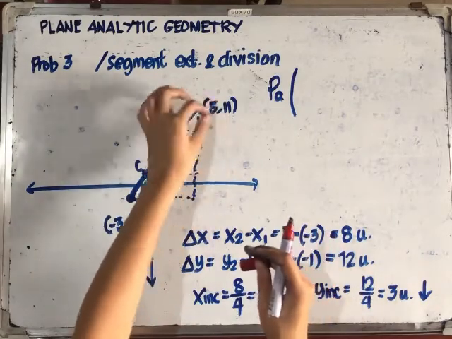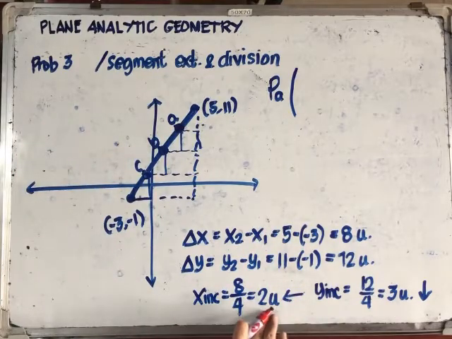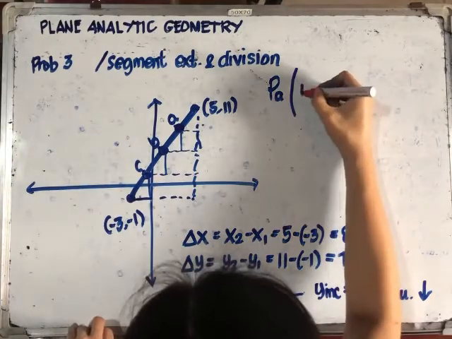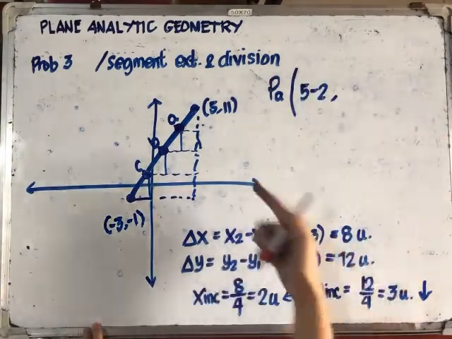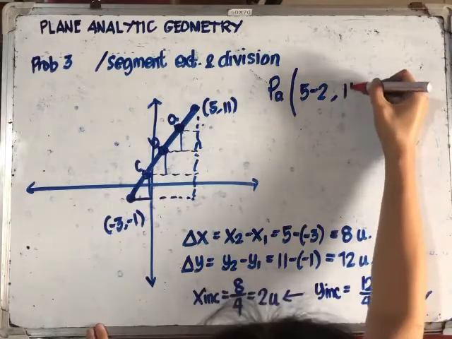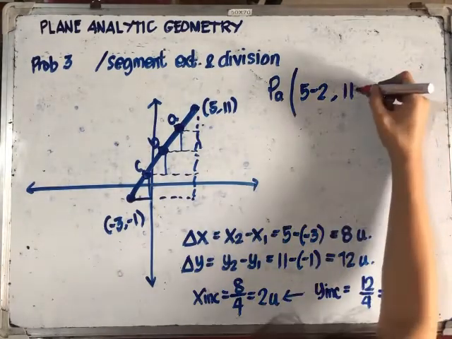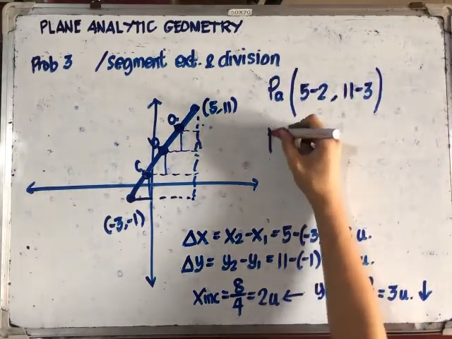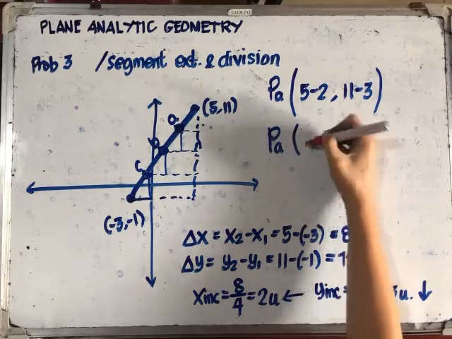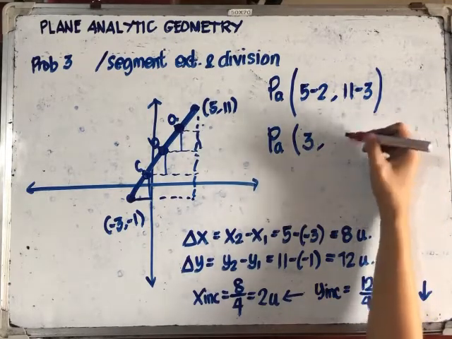From a positive 5, we're going to the left, to the negative side. So that would mean minus your increment. So that is 5 minus 2 units of increment to the left. Its y is 11. And since we're going downwards again, that's another minus, minus 3. That would be the coordinate of point A, which is unknown. This is 3, and this would be 11 minus 3 is 8.